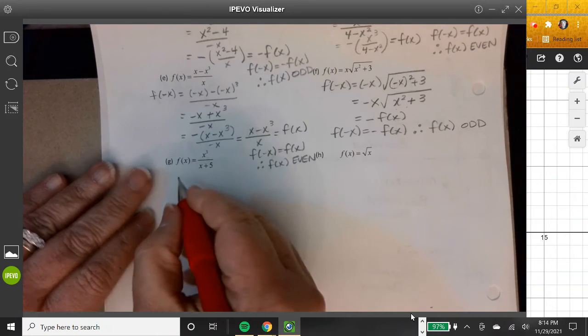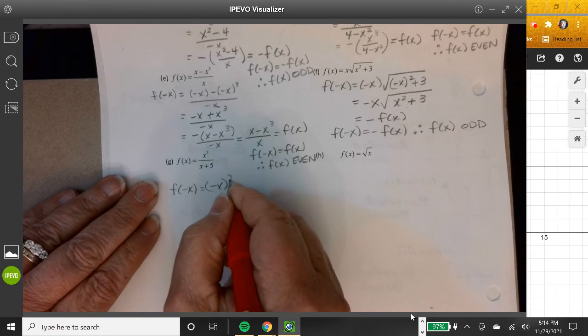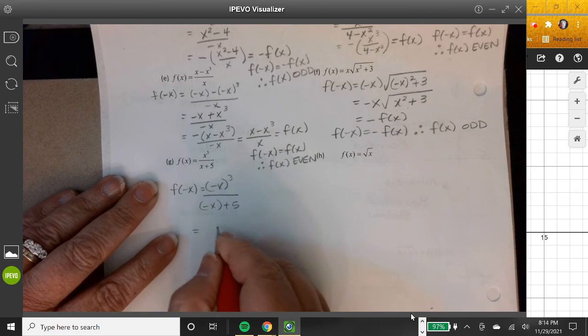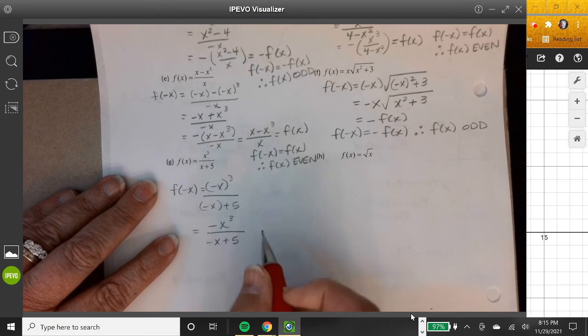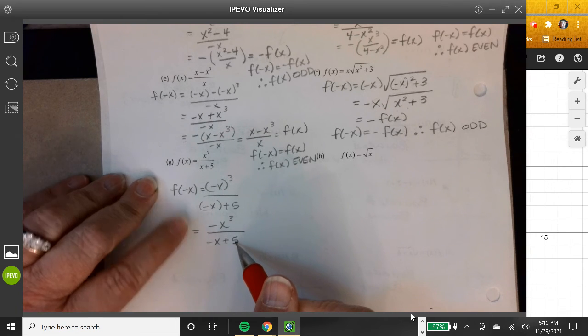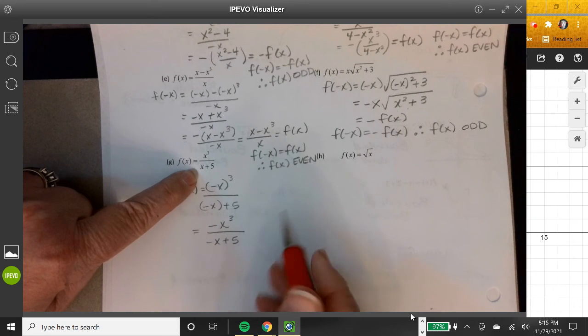All right, let's try this one. f of negative x equals negative x quantity cubed over negative x plus 5, which equals negative x to the third over negative x plus 5. Now, even if I were to factor a negative out of the denominator, I will never get back to them both being the same sign.